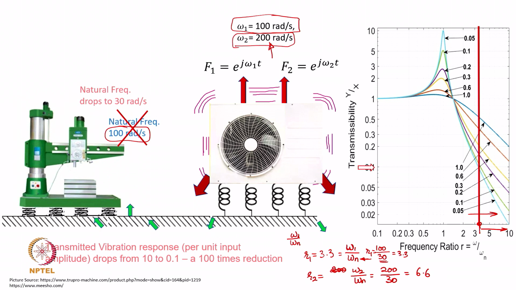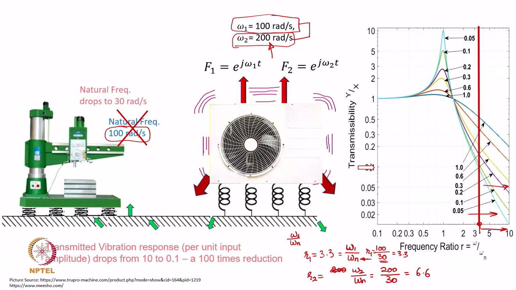So, a very important point here is that you need to take care of the lowest excitation frequency, and all higher frequencies are automatically taken care of, because you are going to work further on the right for your higher excitation frequencies.